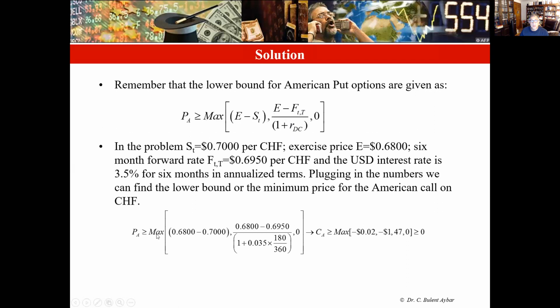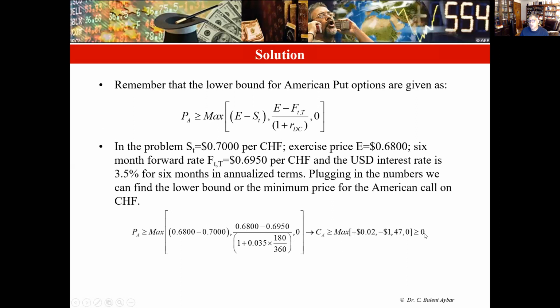In this particular case, this 0.68 minus 0.70 obviously is negative. This second one is also negative, and the only reasonable option is that the put premium should be, this is a typo, it should be PA. American put should be larger than or equal to 0.